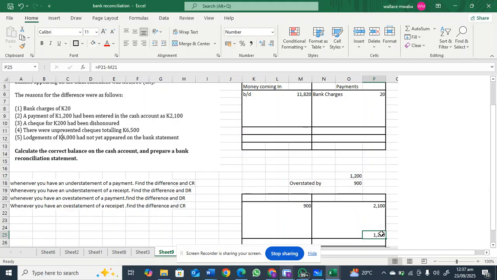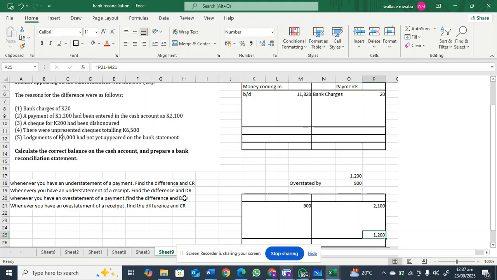Remember this, as I've written down here: whenever you have an overstated payment, find the difference and debit the cash book. If you have an understated payment, it's the opposite.